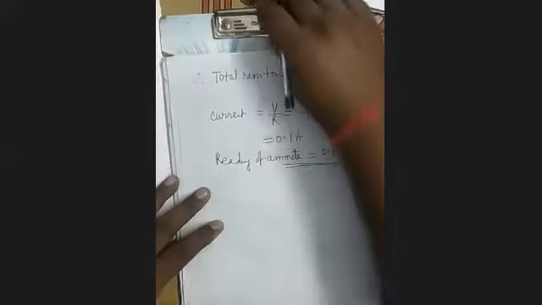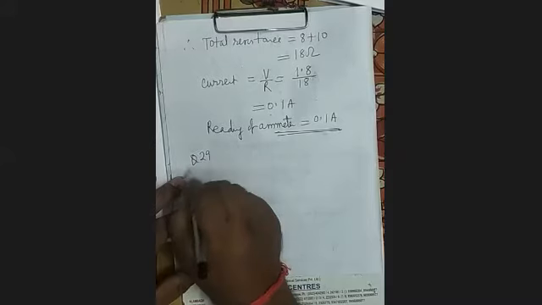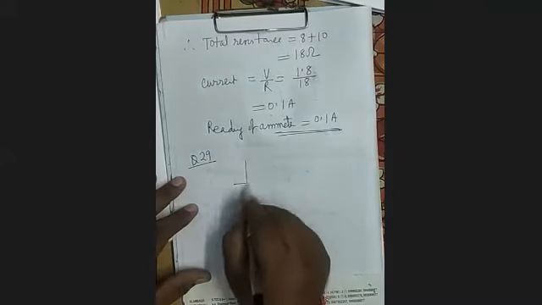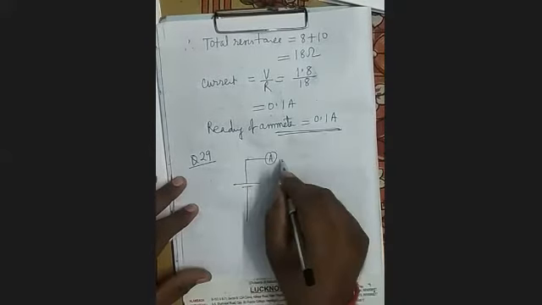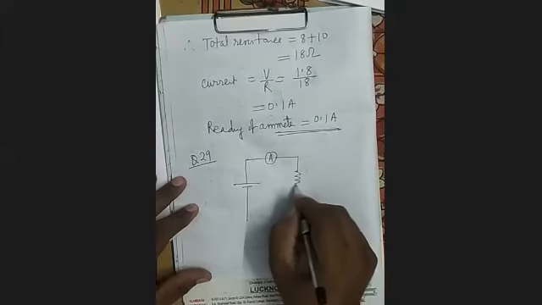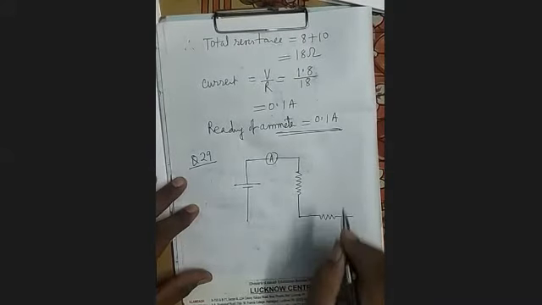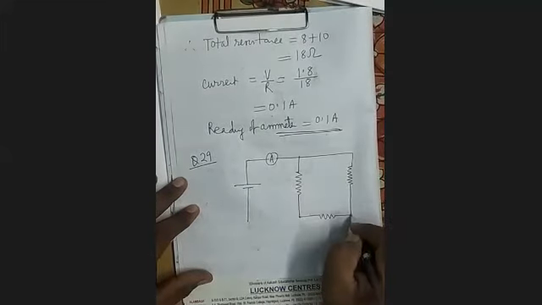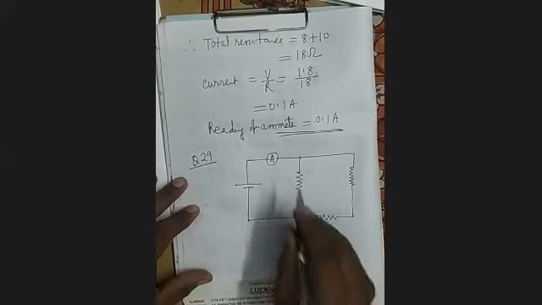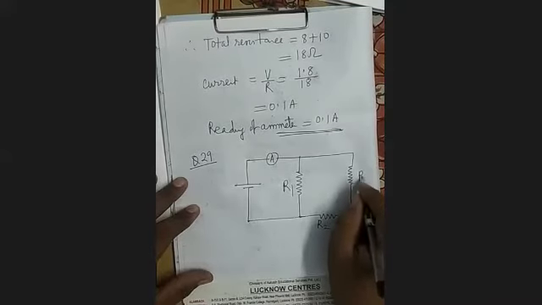It's clear? Now you see the next question. Question number 29. This is R1, R2, and R3.